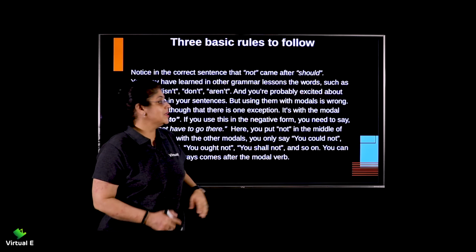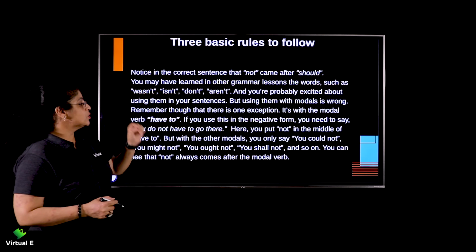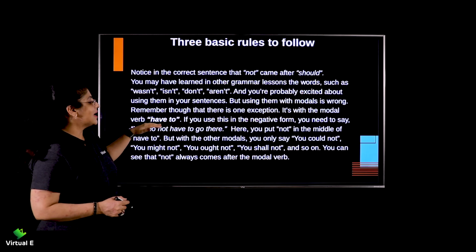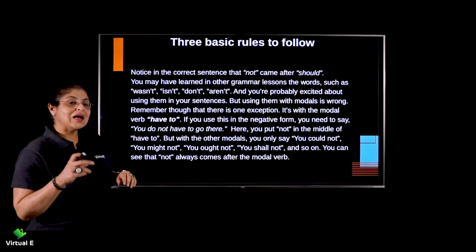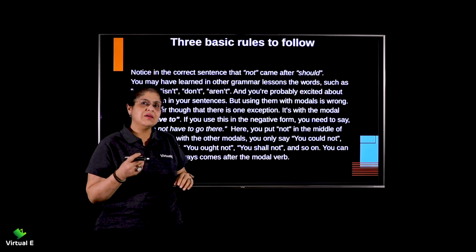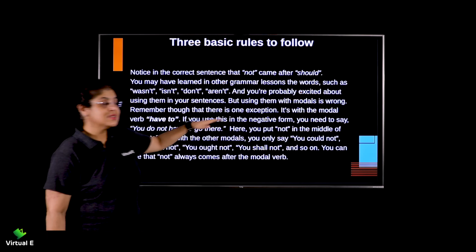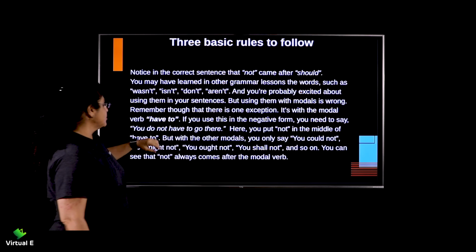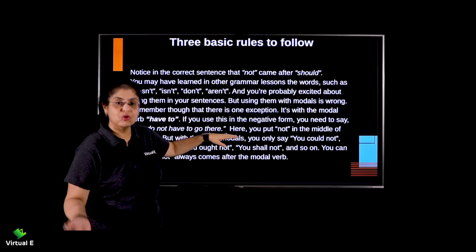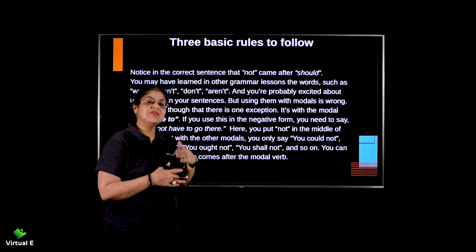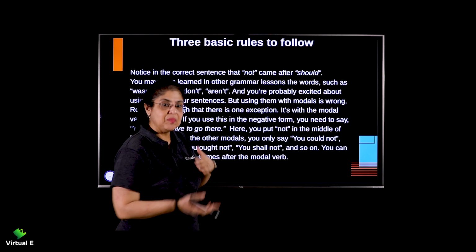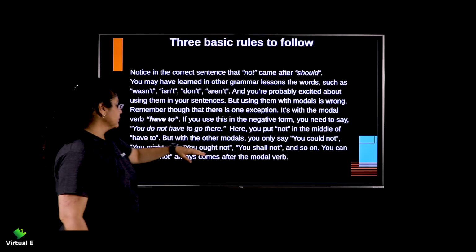Remember, though, there is one exception: the modal verb have to. Now we also have have to as a modal verb, very exceptionally used, but yes, we do use it. If you use this in the negative form, you need to say you do not have to go there. So basically, previously we were putting the not after the modal verb. Here we use it before.